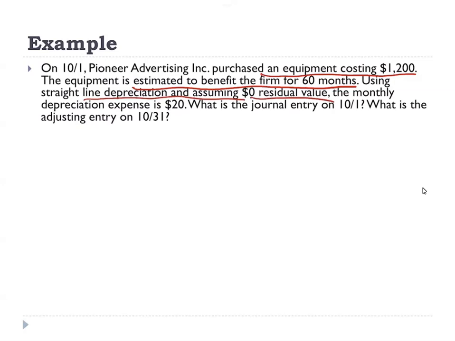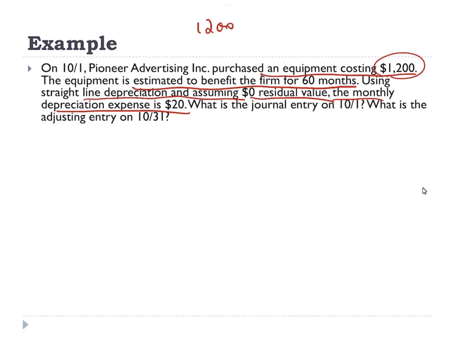So we're going to talk about it later in the course when we talk about PP&E. But here I'm just going to tell you the depreciation expense directly. Actually, the equipment cost $1,200, and the way we calculate depreciation expense is a way to allocate this $1,200 over the 60 months, and straight line is one method of allocating that expense.